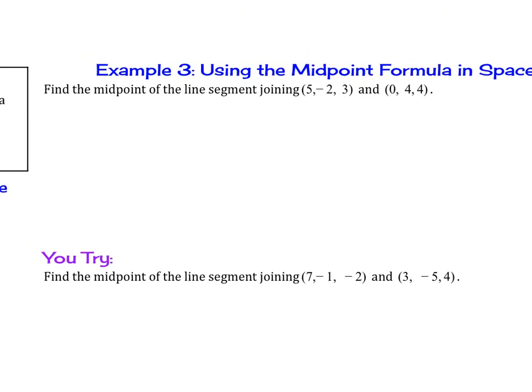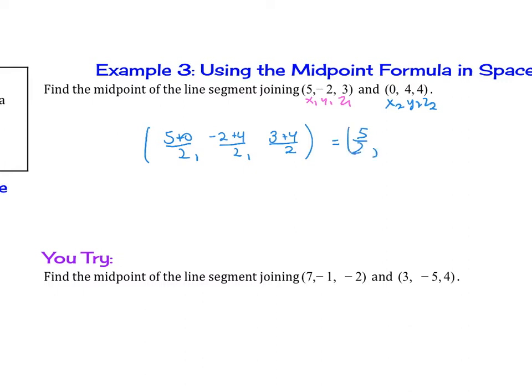Find the midpoint of the line segment joining 5, -2, 3, and 0, 4, 4. And again, if you need to, you can always label this just to help you out, but not necessary. So we have our 5 plus 0 divided by 2, then our y's, which is -2 plus 4 divided by 2, then we have 3 plus 4 divided by 2. So this is 5 halves.